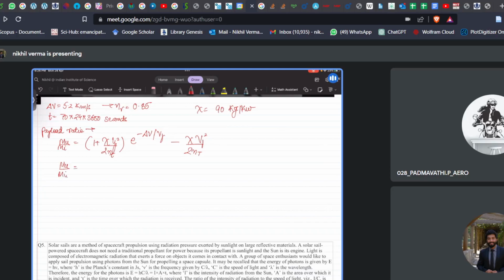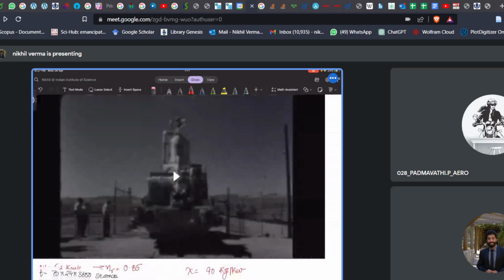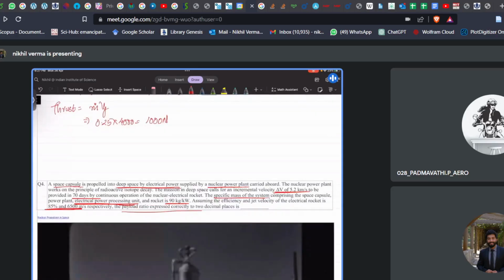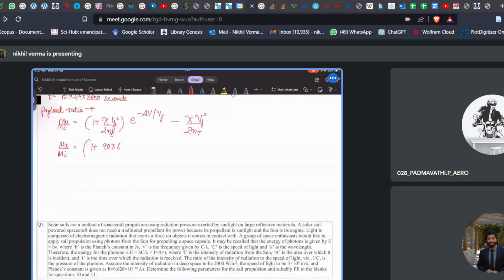So the payload ratio can be calculated if you substitute this: 1 by 90, Vj is given as 6500, and efficiency is 0.85.